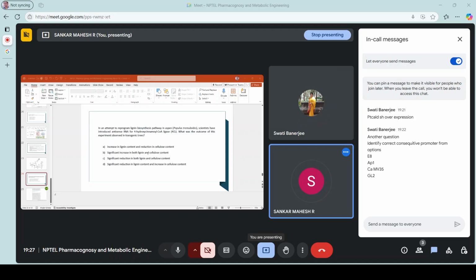Okay. So this PT-CAL, because you're telling lignin, I think it could be coumaryl aldehyde. Based on the name, I'm telling para-coumaryl aldehyde, something of that sort. It should be that way.